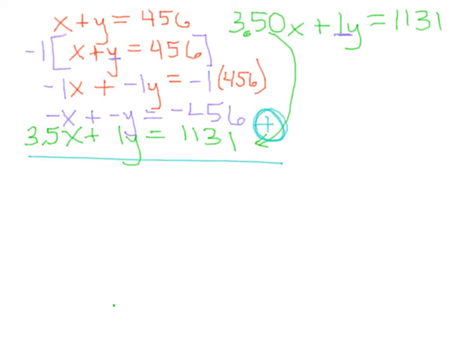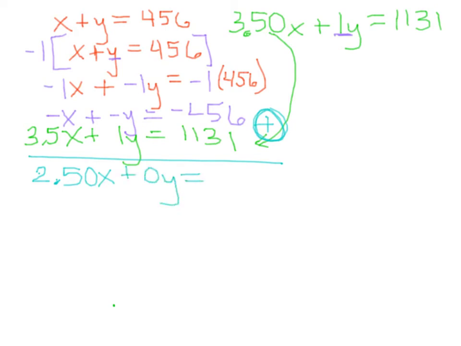If I have $3.50 and I take $1 away, I have $2.50, so that gives me 2.50x, and my y's are eliminated, which is what I wanted.